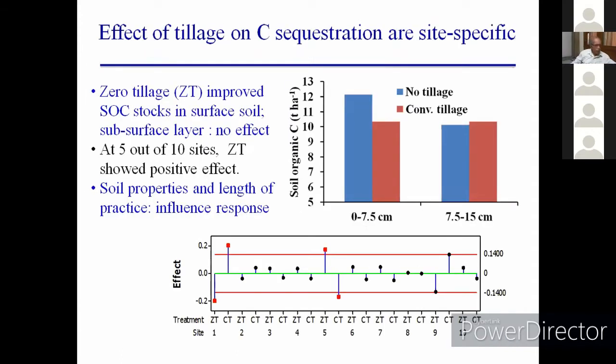Now, another important practice which I mentioned just now regarding carbon sequestration was tillage. I talked about conservation agriculture, I talked about tillage. Tillage is one topic which is, I think, now in the limelight.